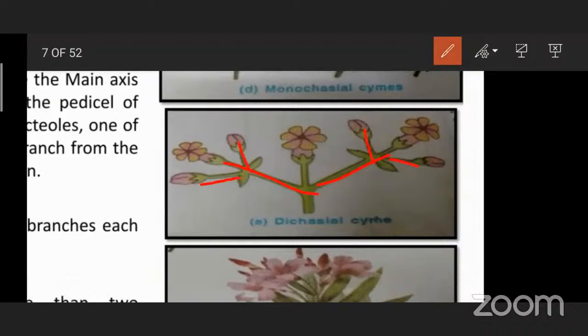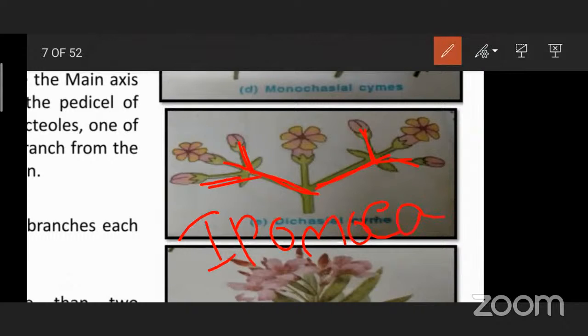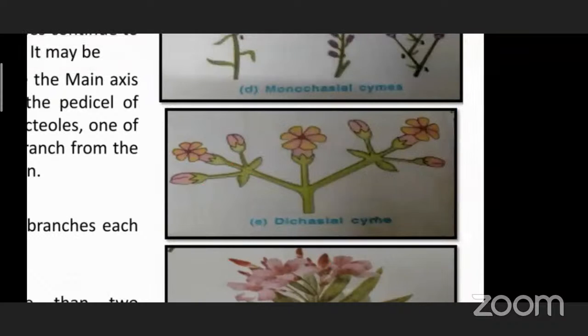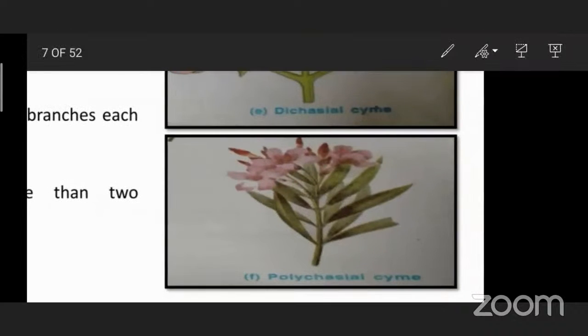So, with two branches each time. Example, Ipomoea. This is dichasial cyme. And third one, polychasial cyme. Example, Nerium. More than two branches each time.